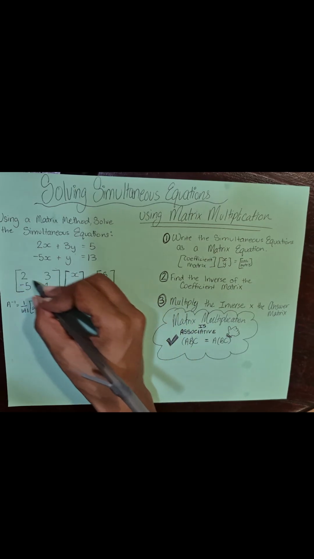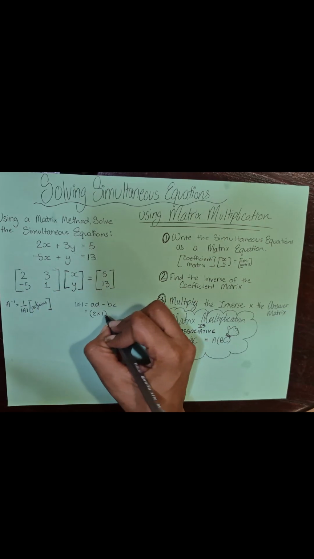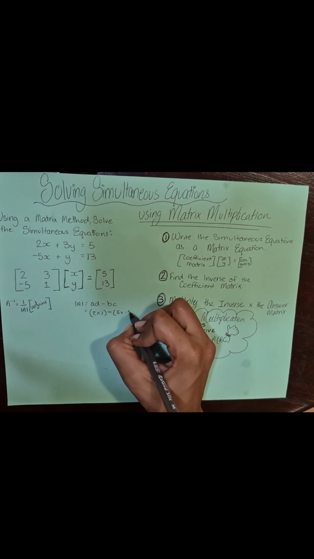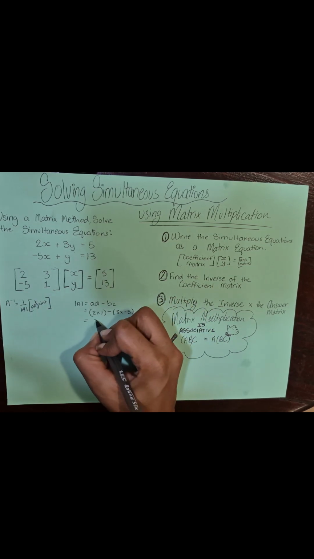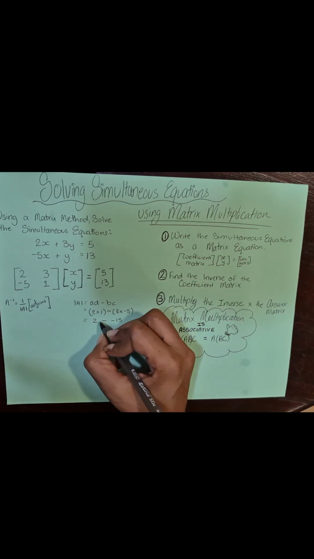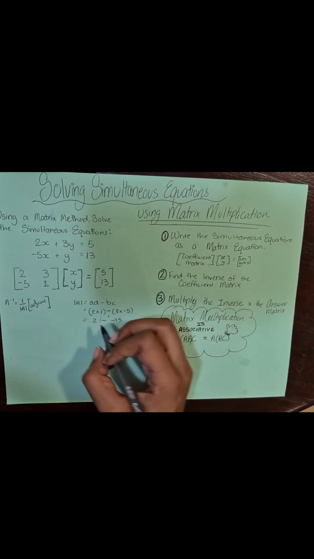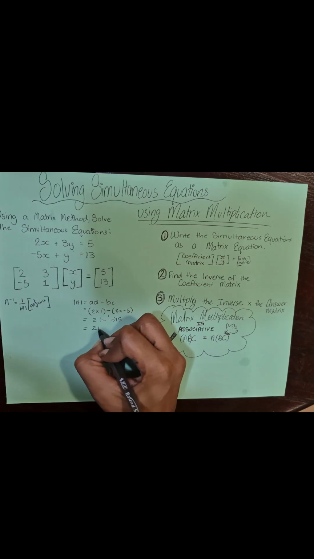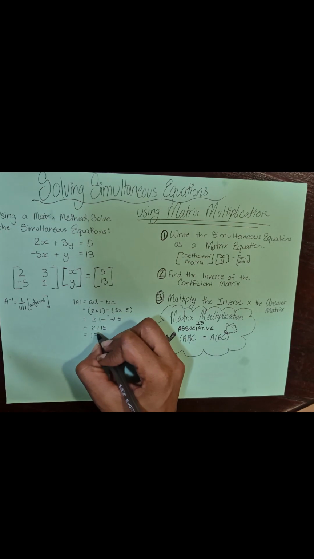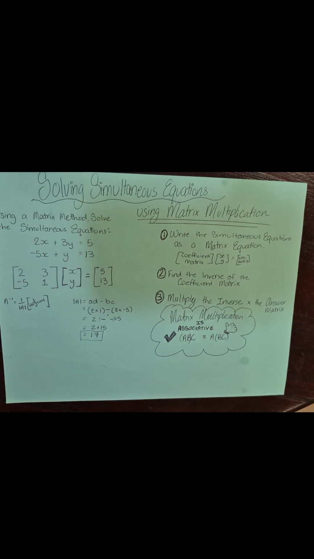So in this case it's 2 times 1 minus 3 times negative 5. So that's 2 minus 3 times negative 5 is negative 15. 2 of the same sign together, that's a positive. 2 plus 15, we got 17 as our determinant.